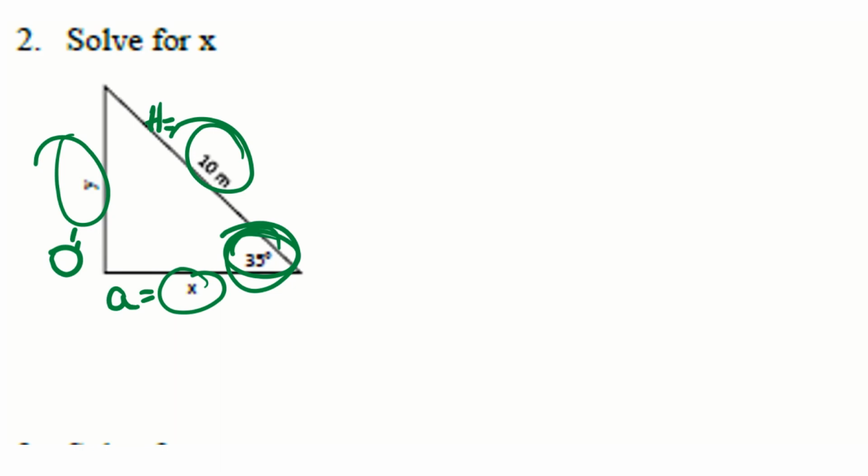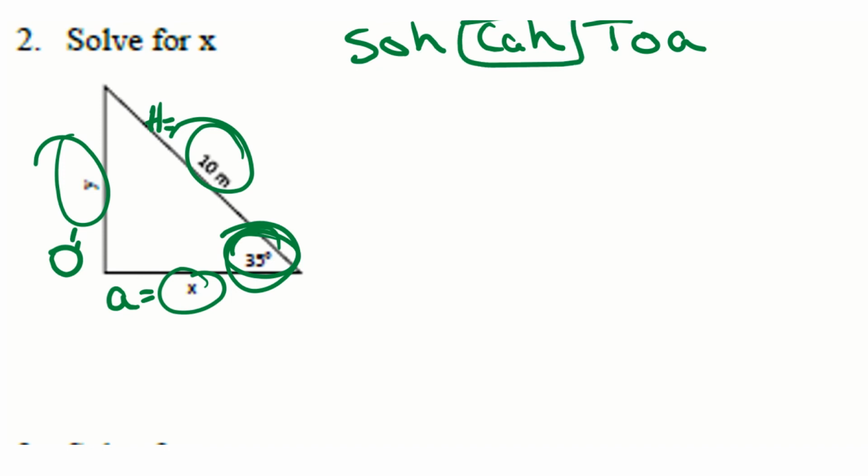Because I am solving for x, which is labeled as adjacent, then thinking of SOHCAHTOA, that means that I would be using this one right here, because that's the one that's involving adjacent and hypotenuse.